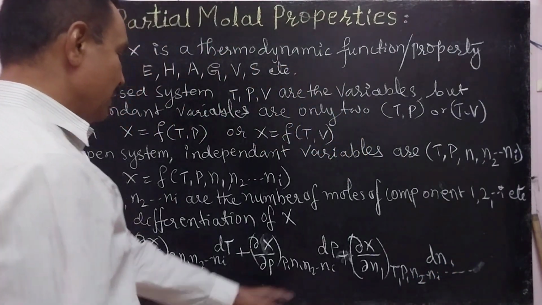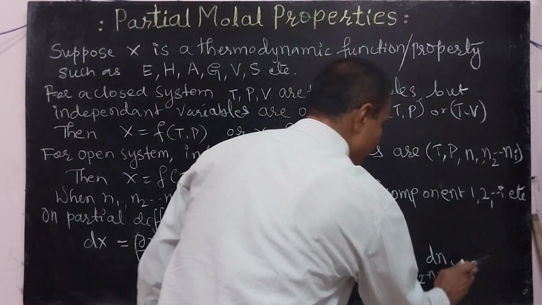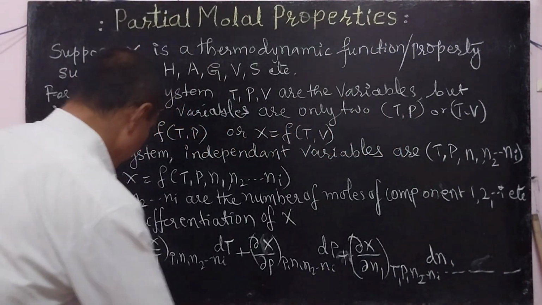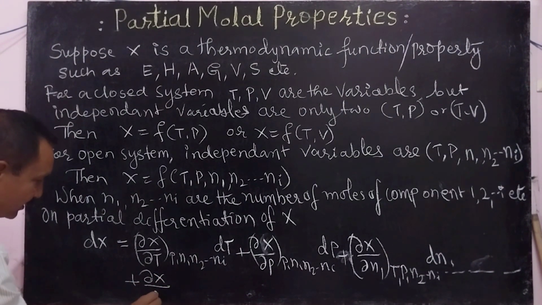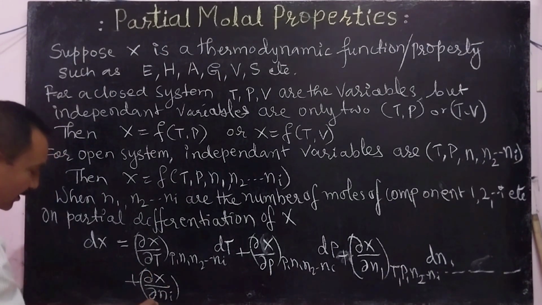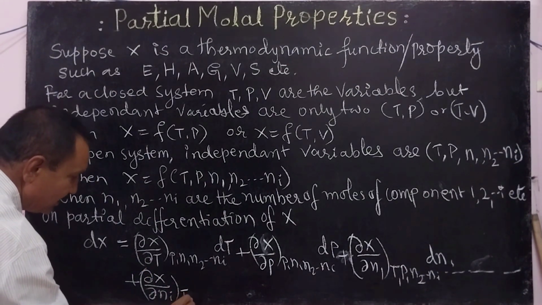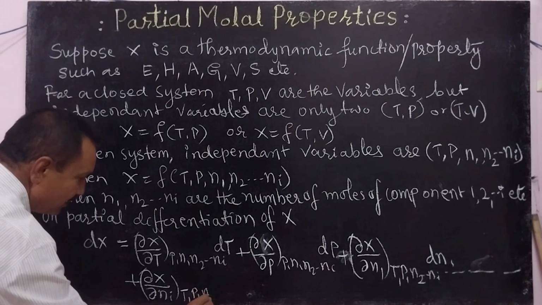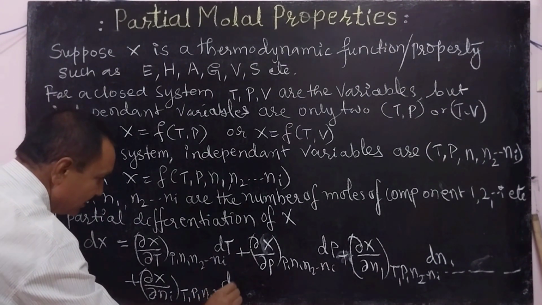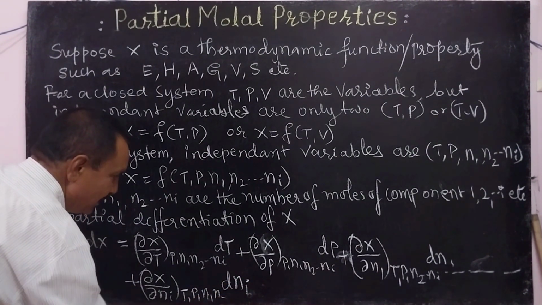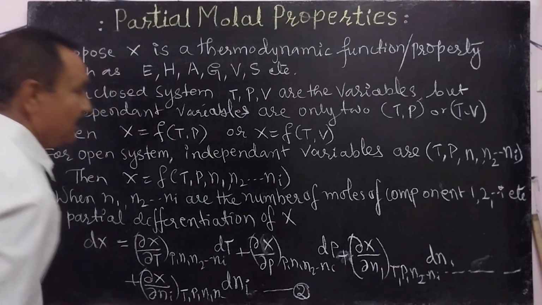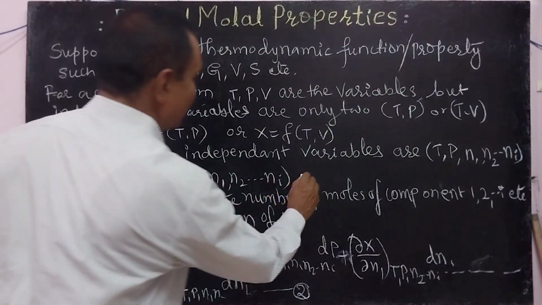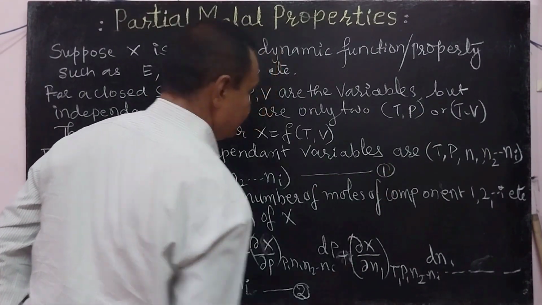Lastly, plus dou X divided by dou Ni at constant temperature, pressure, N1, N2, times dNi. Let us number this equation 2, and the earlier one as equation 1.